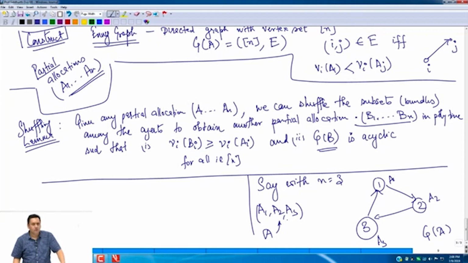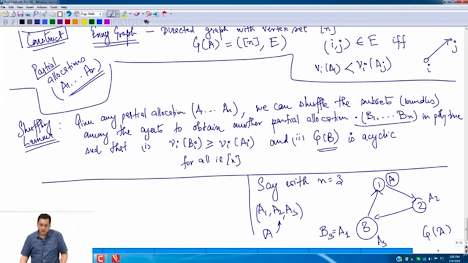My question to you: what's a simple idea I can employ to get rid of this cycle and achieve the lemma? Yeah, just shuffle, go in the opposite direction of the cycle. You look at A3 and assign it to A1. So B3 becomes A1, you move in the opposite direction.